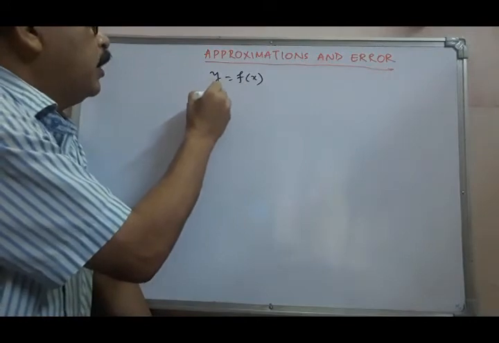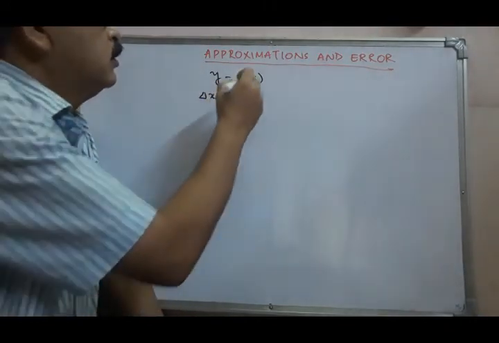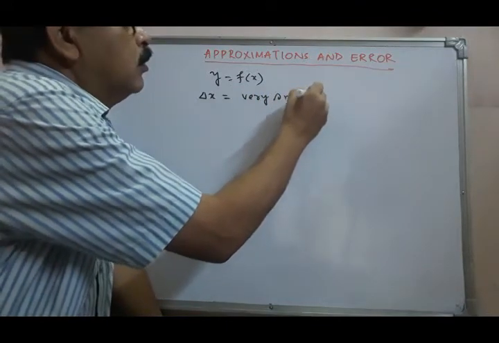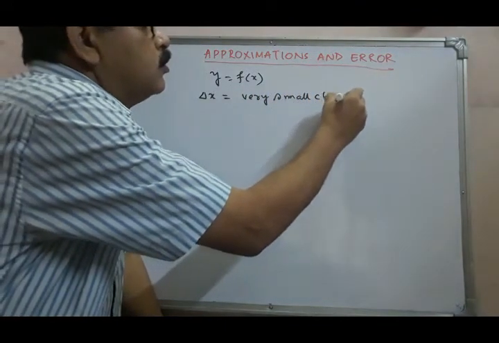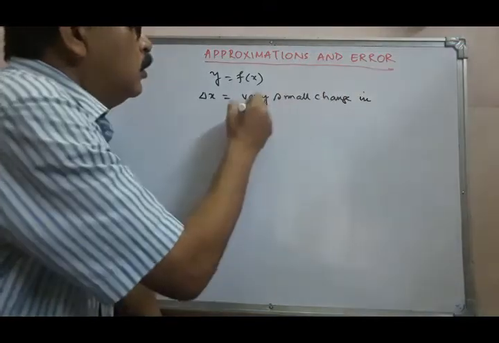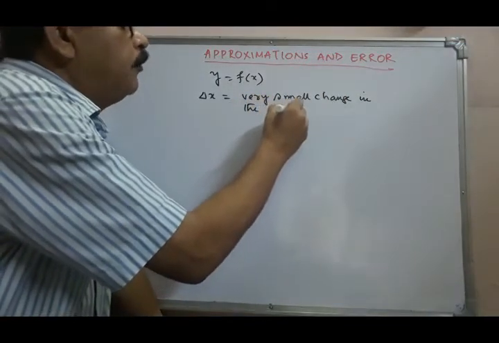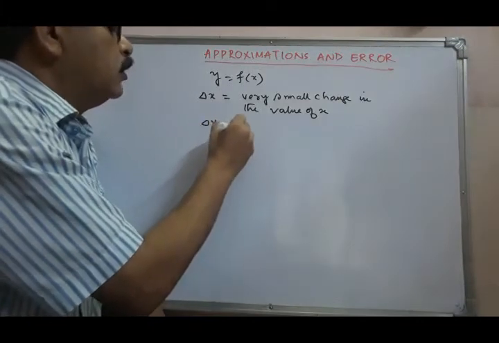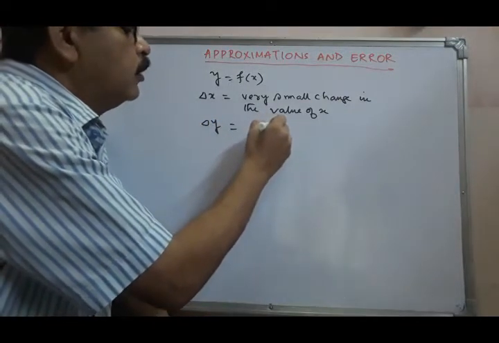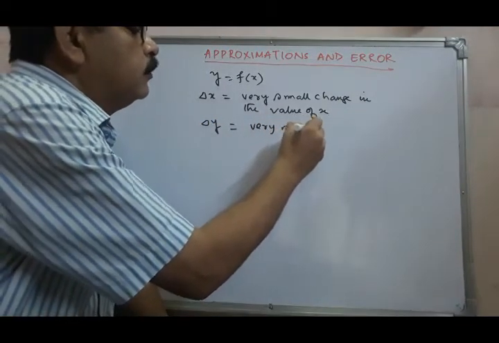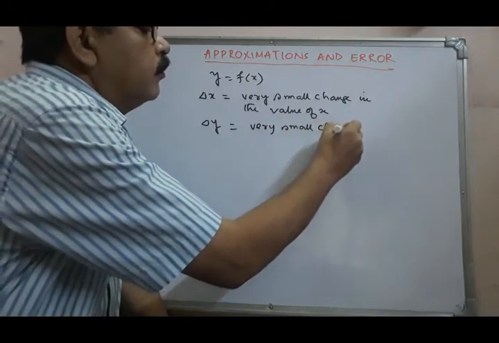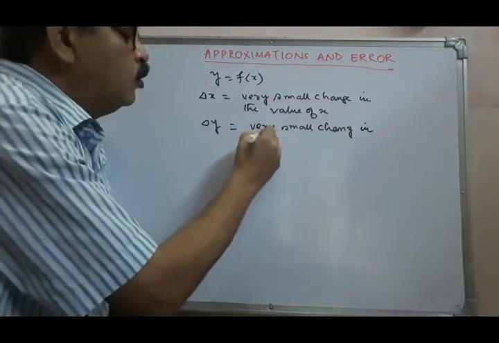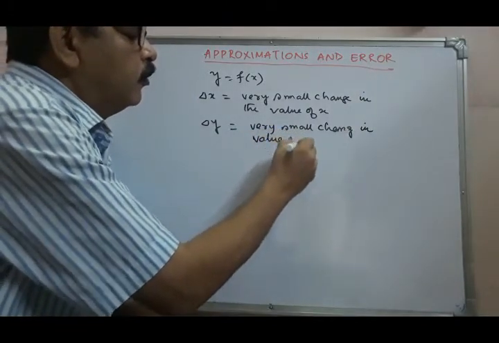Then delta x is a very small change in the value of x, and delta y is also a very small change in the value of y.